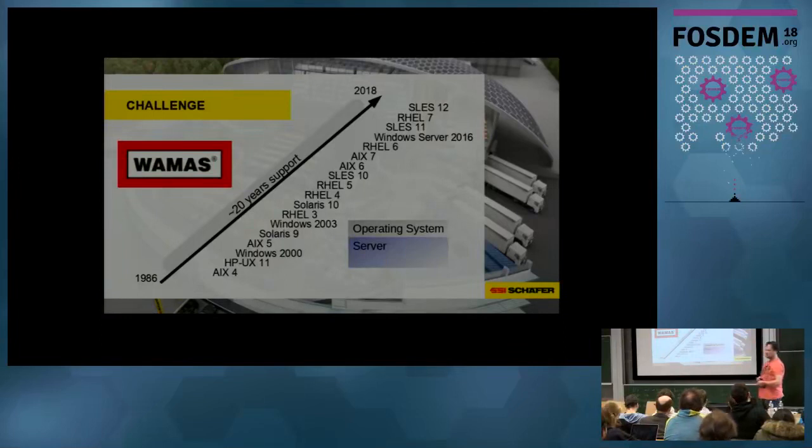Some of you may remember a few things like HP Unix, AIX 4, 5. AIX is still active with AIX 7. Of course, there is Linux, the different variants, Red Hat, SUSE, and the most foreign one is Windows Server, actually.